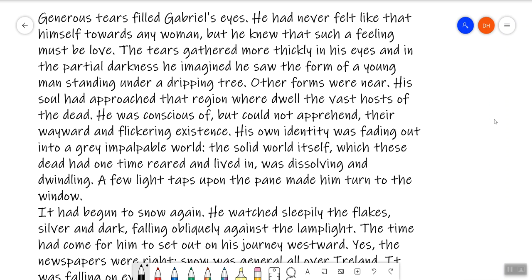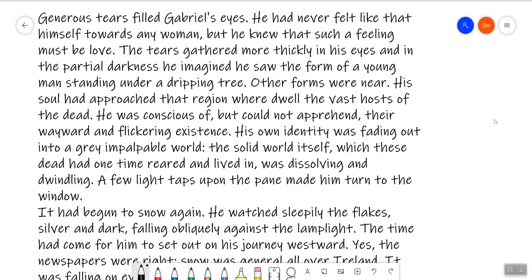Generous tears filled Gabriel's eyes. He had never felt like that himself toward any woman, but he knew that such a feeling must be love. The tears gathered more thickly in his eyes, and in the partial darkness, he imagined he saw the form of a young man standing under a dripping tree. Other forms were near.